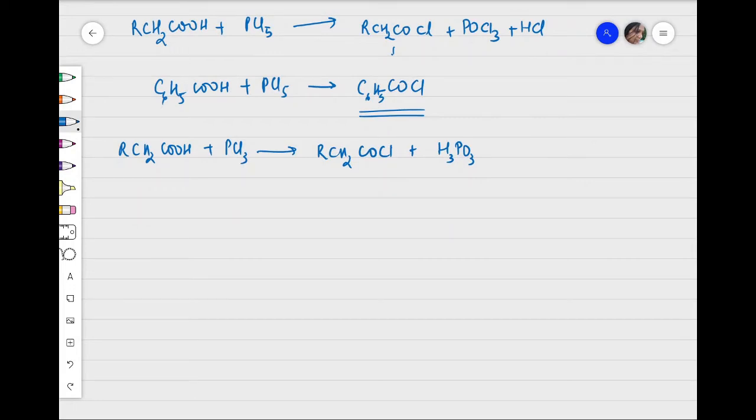It's the same case here, and if I treat this with thionyl chloride, again I will get RCH2COCl, the same acid chloride, but here you will see the evolution of sulfur dioxide gas. So that's the reaction with your phosphorus halides and thionyl chloride.